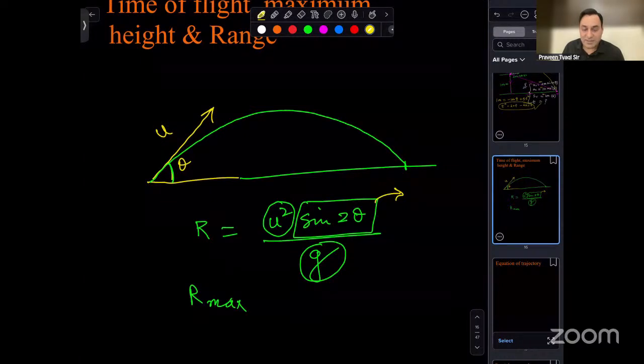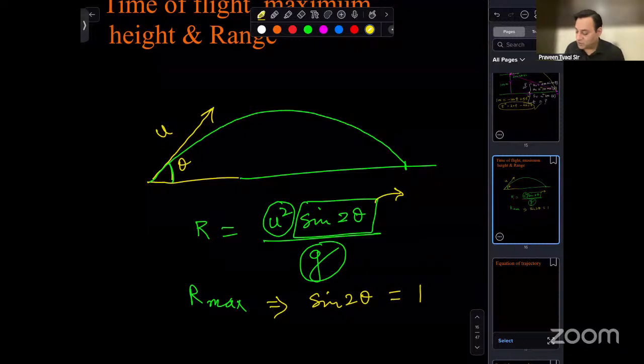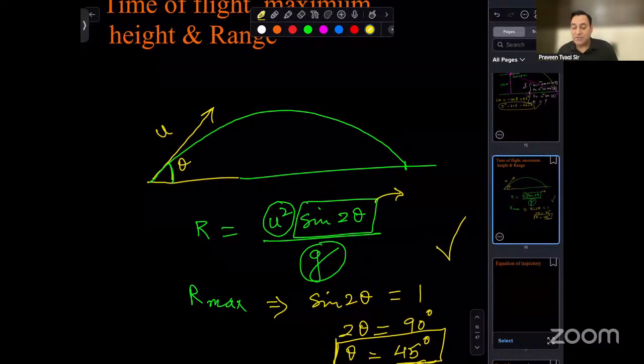Maximum value of sine is 1. Sine 2 theta should be 1. So 2 theta should be 90 degrees, theta should be 45 degrees. So you get maximum range when you throw a stone at an angle 45 degrees with the horizontal. That is one result. So all these kind of interesting results.